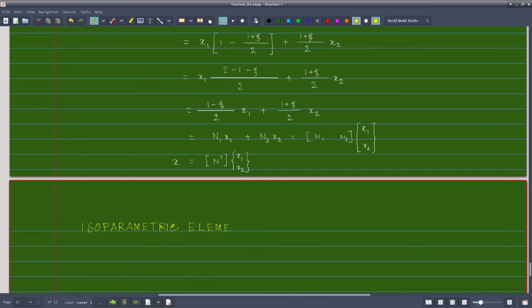And we have many advantages of defining an element as an isoparametric element, because later on you will find, you remember that my element stiffness matrix is basically what? Strain displacement matrix B transpose into constitutive matrix into B into dV.